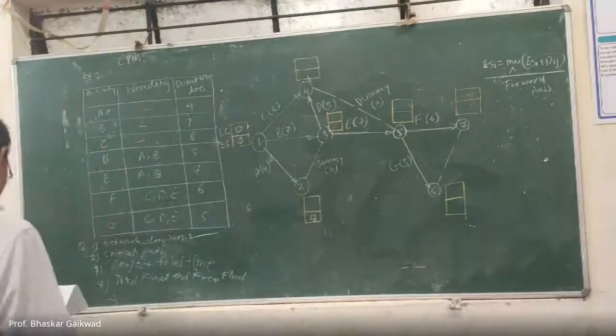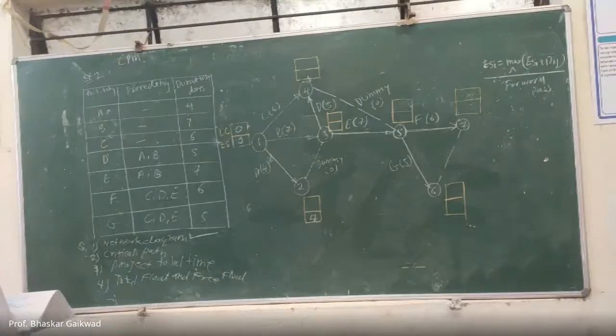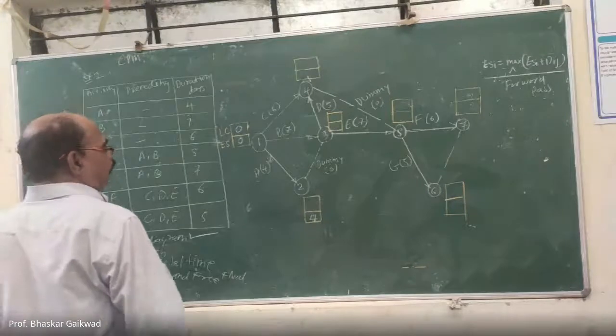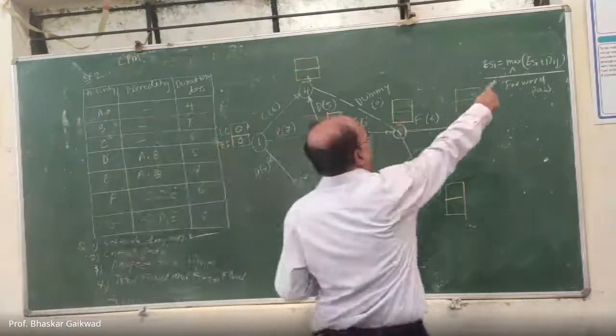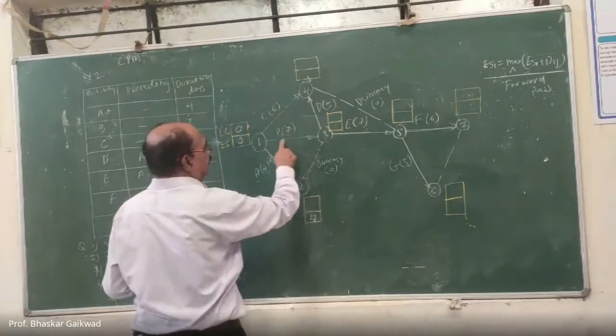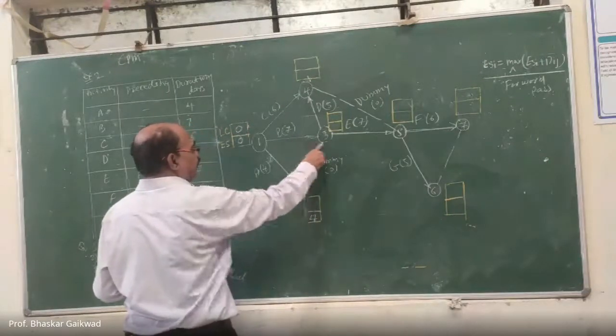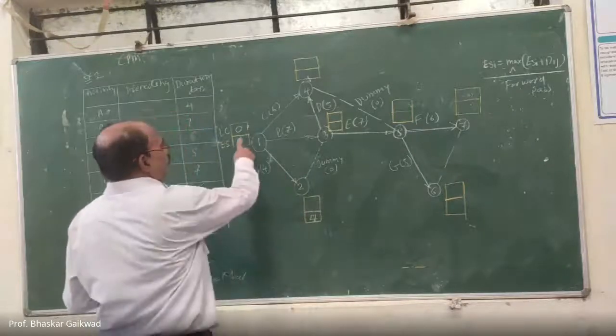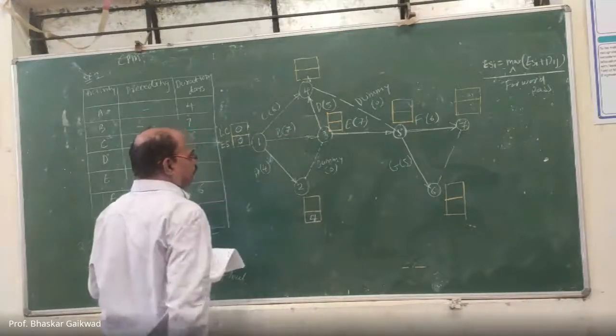Now 2 to 3, how much? Here the maximum will be taken. How many activities are here? This is one dummy activity and this one, so 2 activities. Out of these, which is the maximum that you have to take? 0 plus 7, 7. Correct.